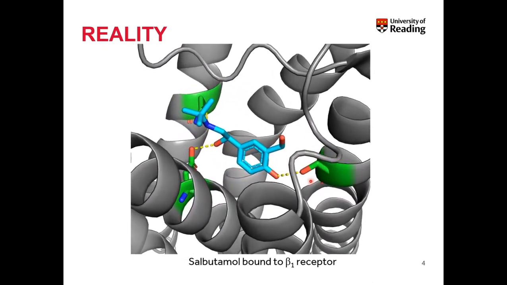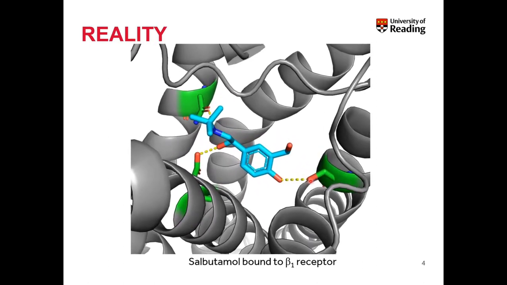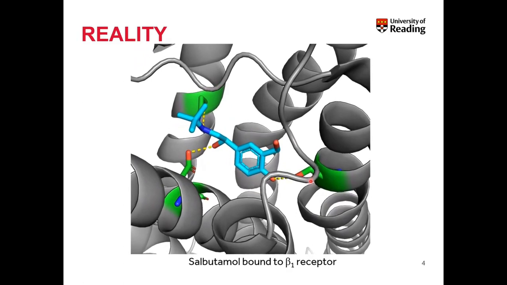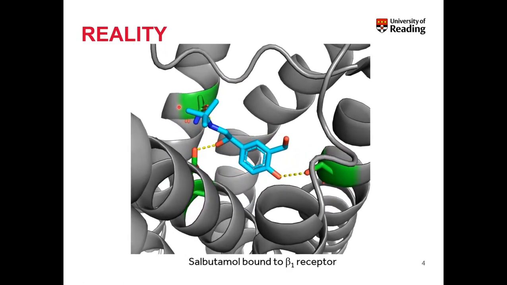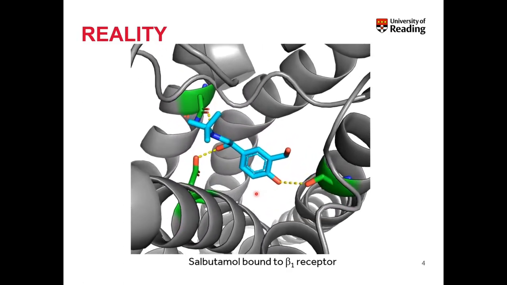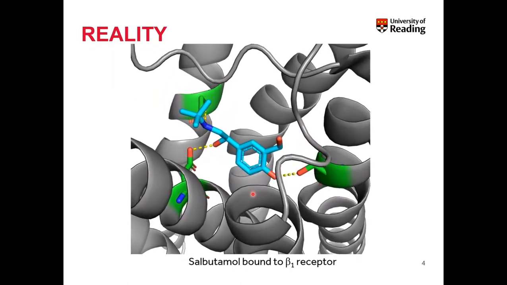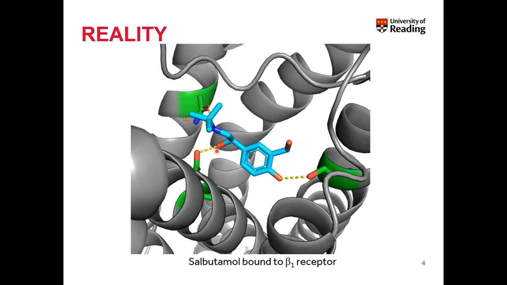Now this is actually taken from a part 2 lecture. By the end of this structure and function course, you'll be able to understand what diagrams or animations such as this show and what is actually going on within this binding site. So for example, you can see here these yellow dashed lines.